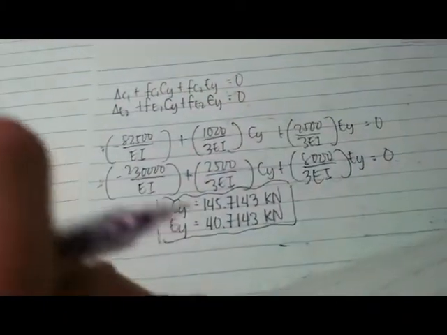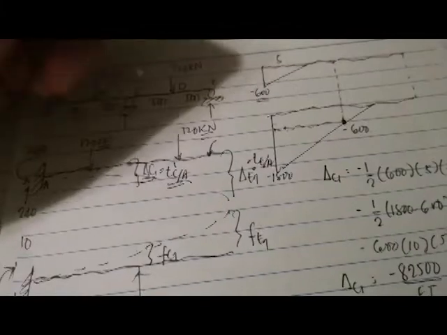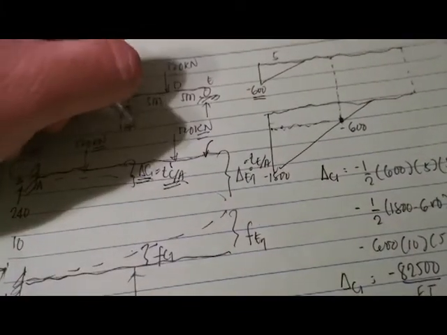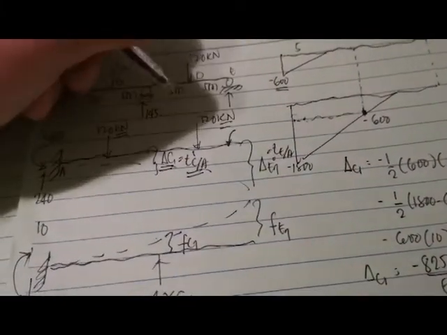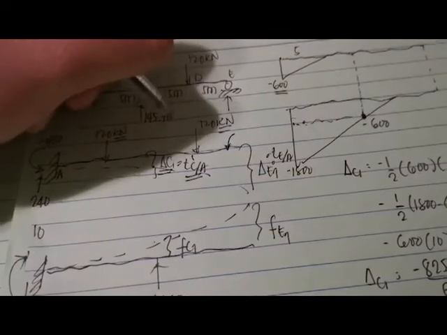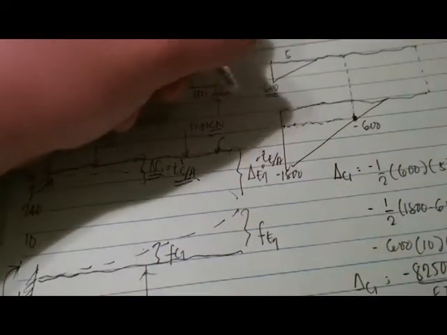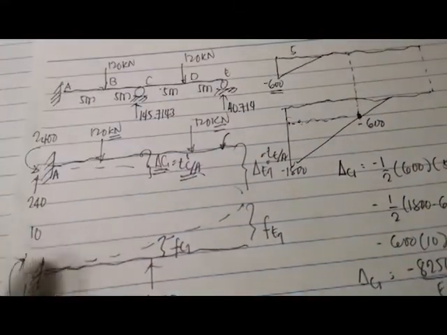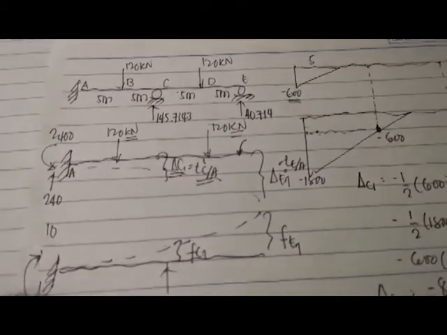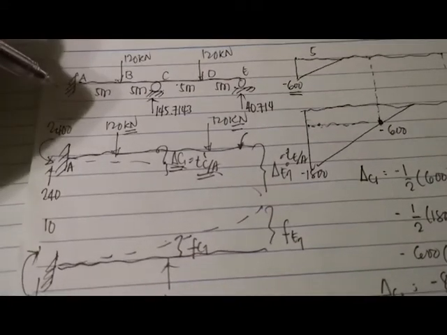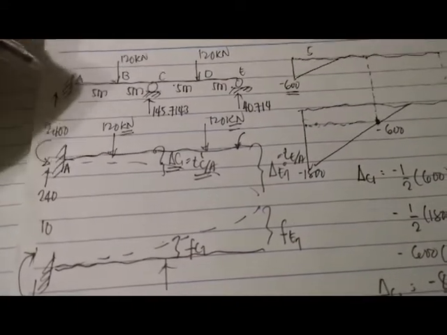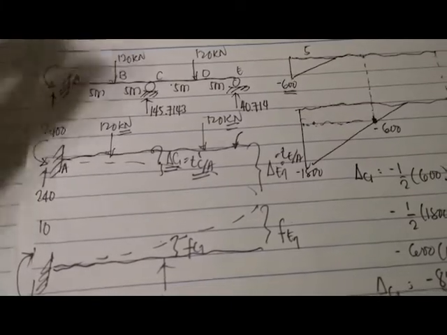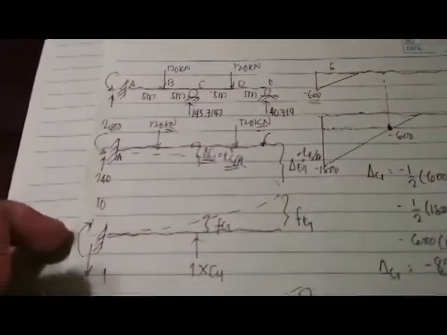CY is equal to 145.7143, and your EY is equal to 40.714. So the remaining reactions that we need to solve are your AY and your moment at A.